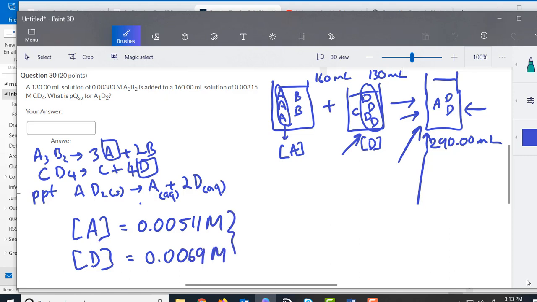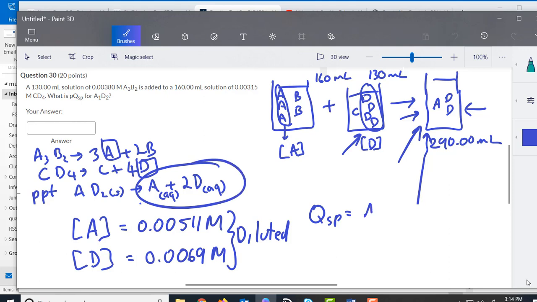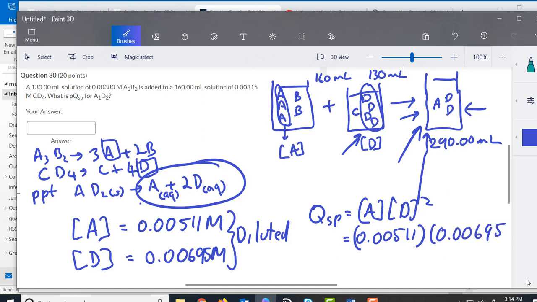So this is in the diluted solution. Now we can figure out QSP, which is going to be A times D to the power of 2. The A is going to be 0.00511, and the D is going to be 0.00695, and that's going to be squared, and that's going to give us a value of 2.47 times 10 to the negative 6.